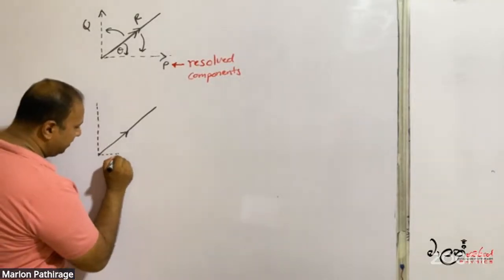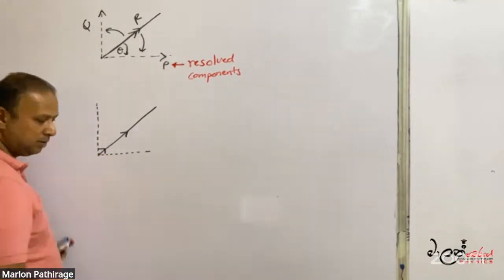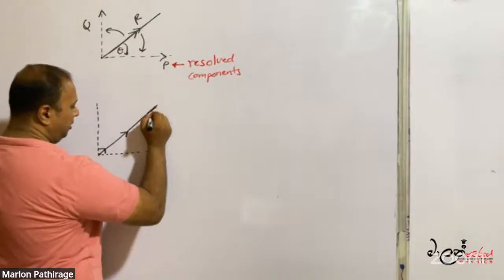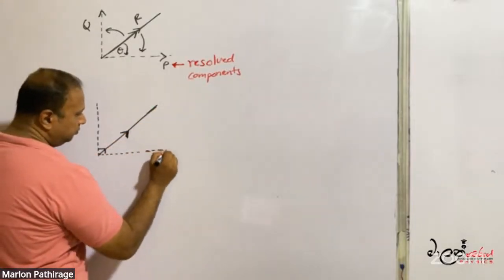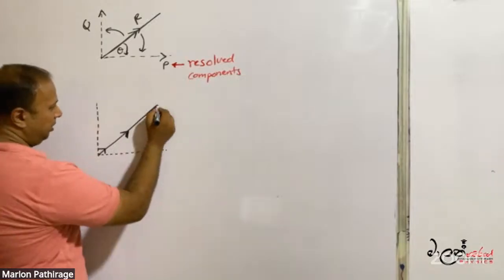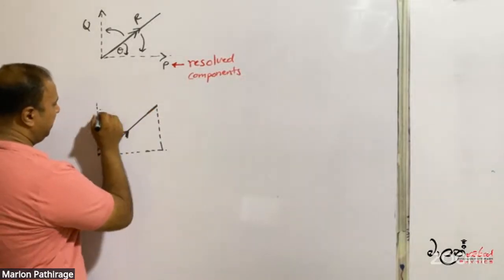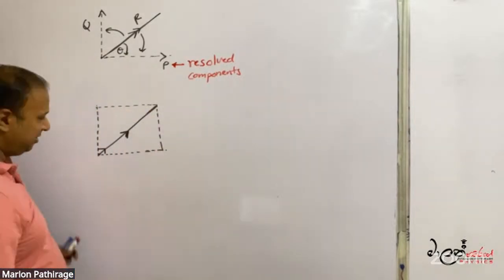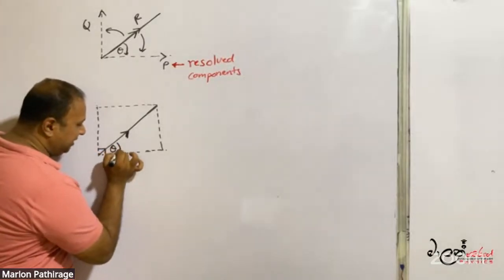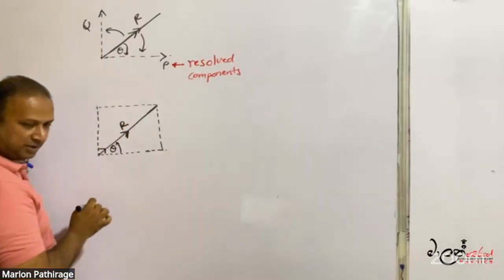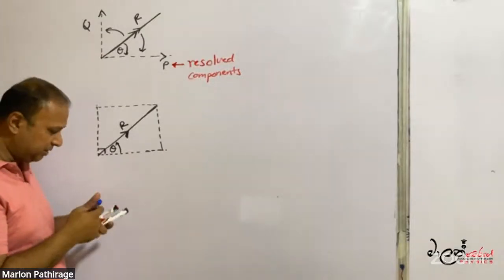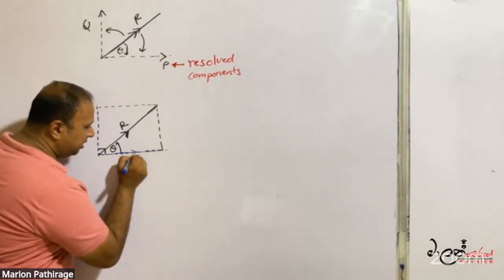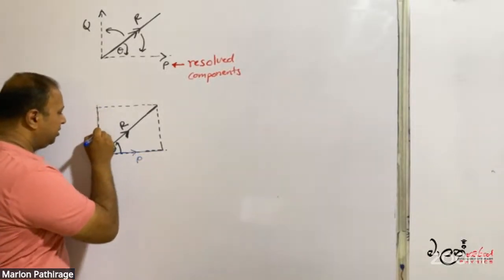Now I can draw a rectangle using this vector. Suppose this angle is theta. This is R.